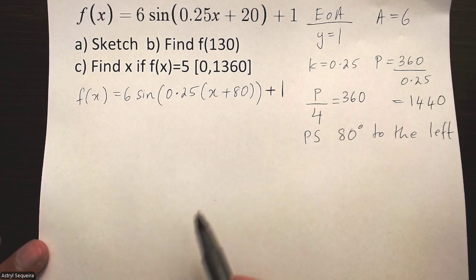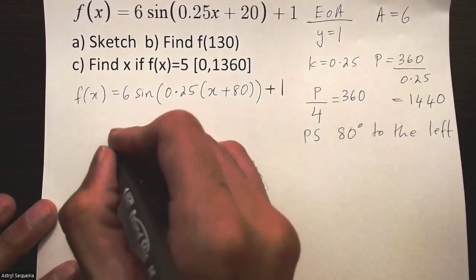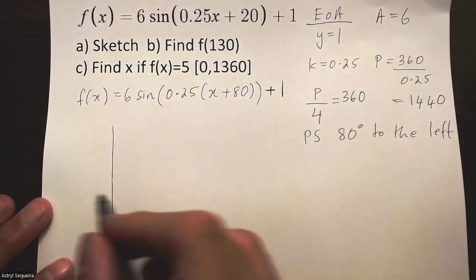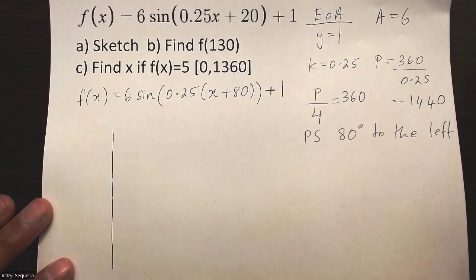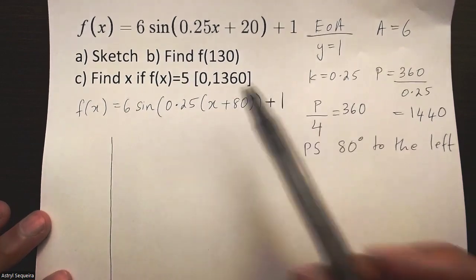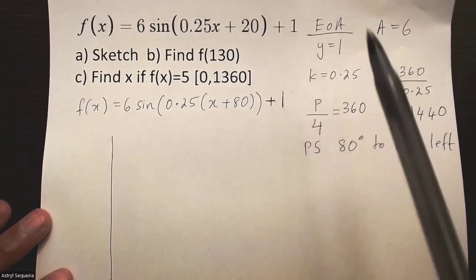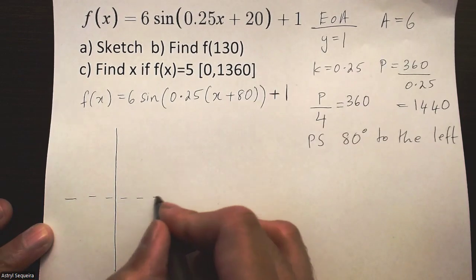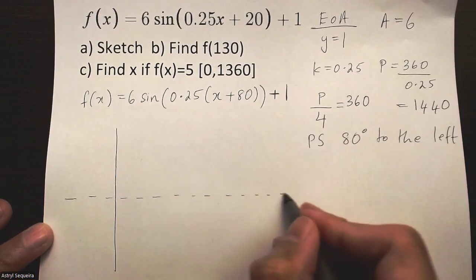I'll start by drawing my y-axis and I'll leave a little bit of space on the left because I know there's going to be a phase shift to the left. And then my equation of axis is just +1, which I'll put approximately in the middle of the page.